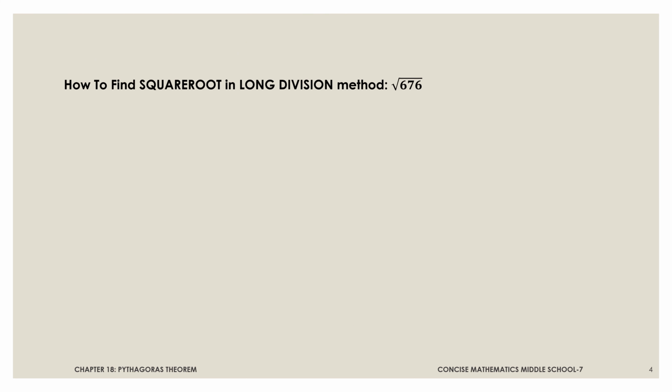Now let's know how to find out the square root using the long division method. Just write down this 676 inside the two lines and start multiplying with 2. We have to consider 2 because 1 is 1, 2 is 4, 3 it will become 9, more than this 6.